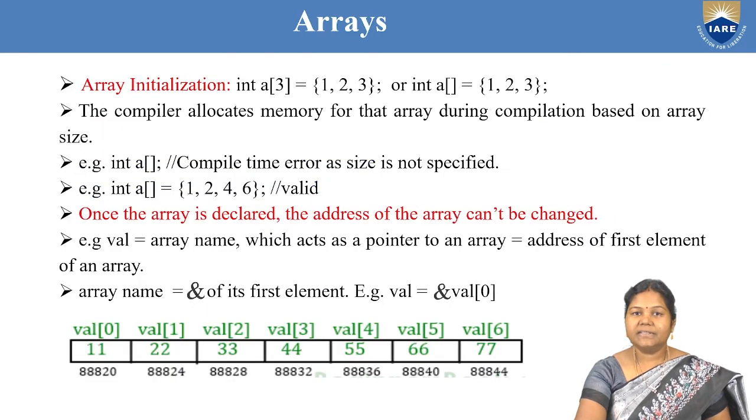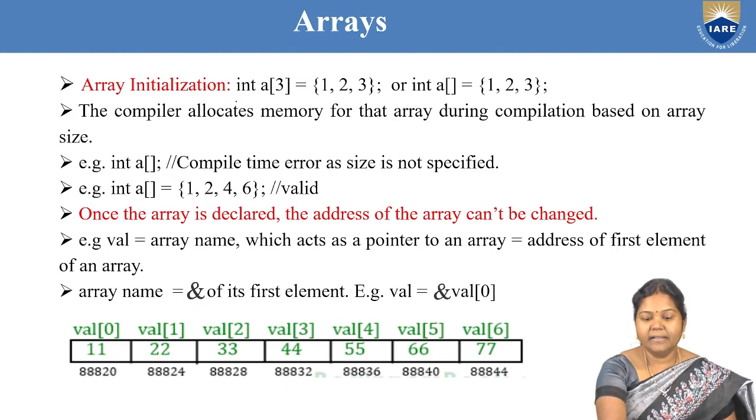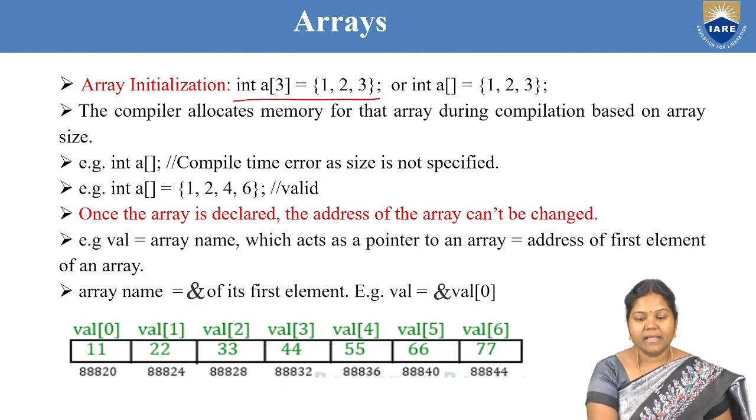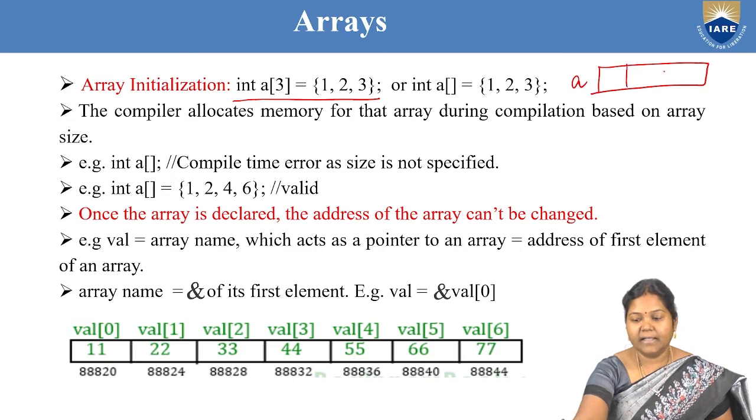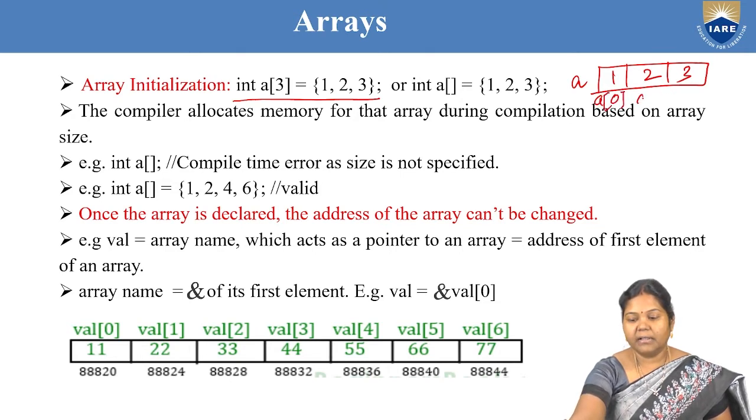Now, how to initialize an array? To initialize an array, we can directly write int a of 3 is equal to 1, 2, 3. That means you want to initialize 3 elements. The name of the array is A, containing 3 different slots which contain the 3 integers 1 to 3, and their index numbers are A of 0, A of 1 and A of 2.